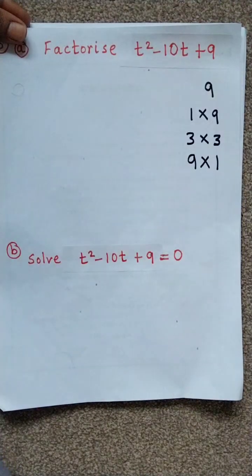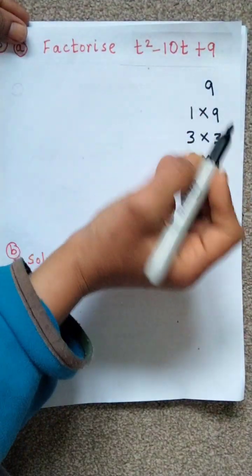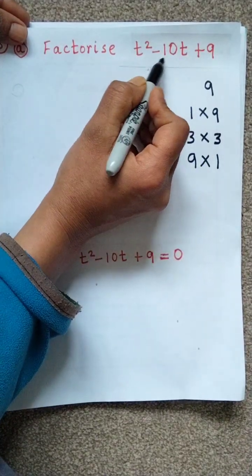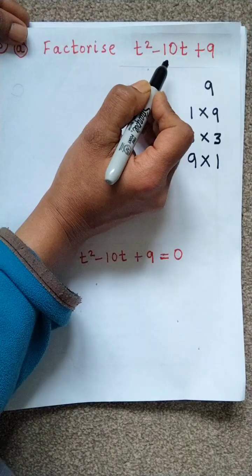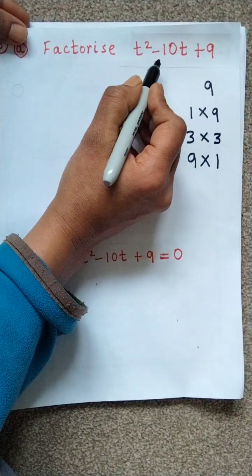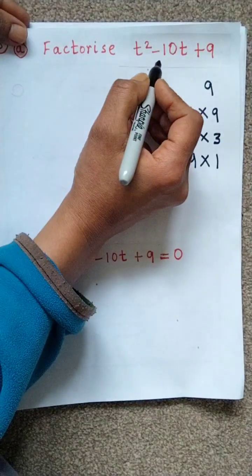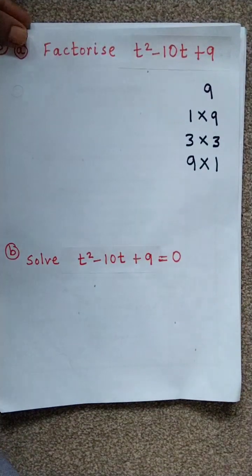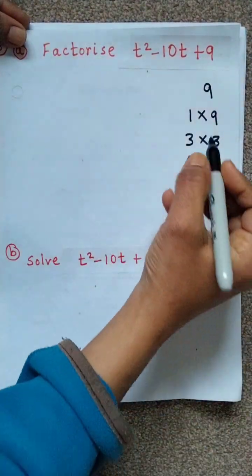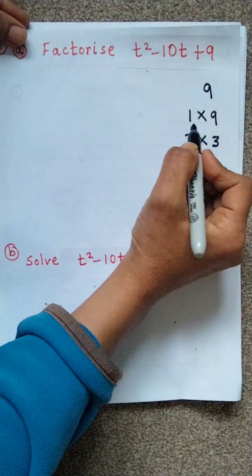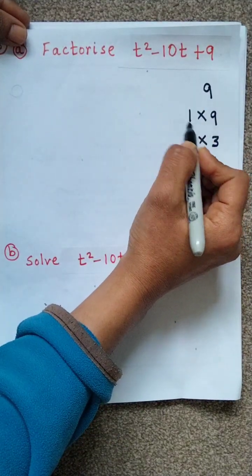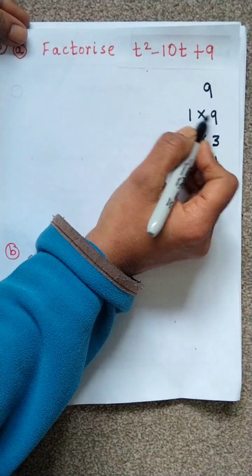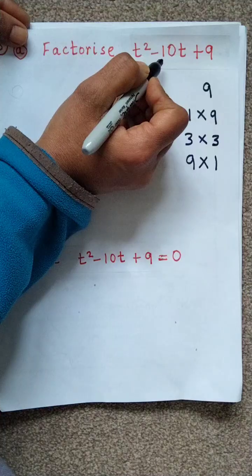Now we want the product to be 9 and the sum should be minus 10. Because we want the sum as minus 10, both numbers should be negative. If we take both positive, we won't get minus 10.